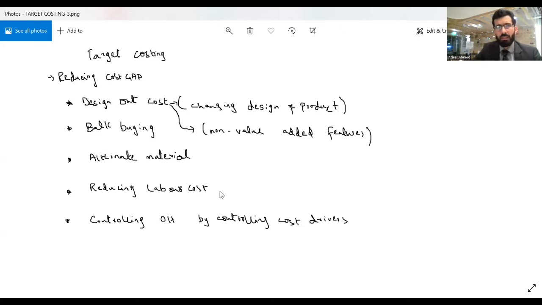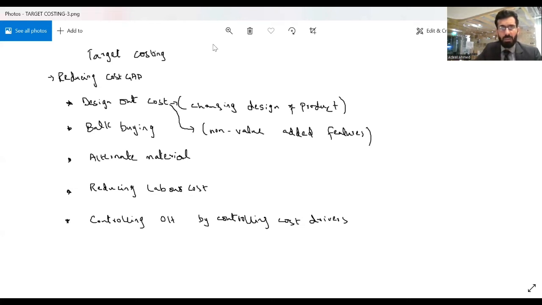Especially when it's a non-volume based activity, like batch size, which can be increased or decreased, because setup cost is assumed to be a non-volume based activity, which means it will remain the same irrespective of how many units you produce in a single batch. So if we increase the batch size, it is possible that the number of setups will get reduced, and as a result our overhead cost will also be reduced.